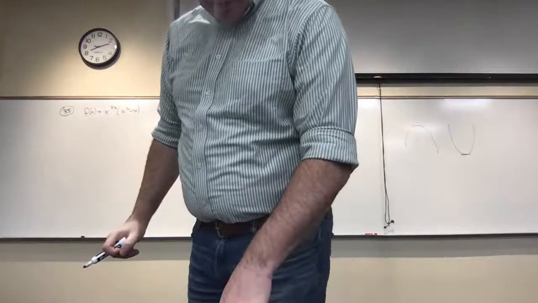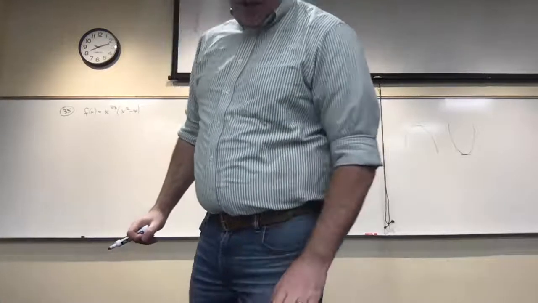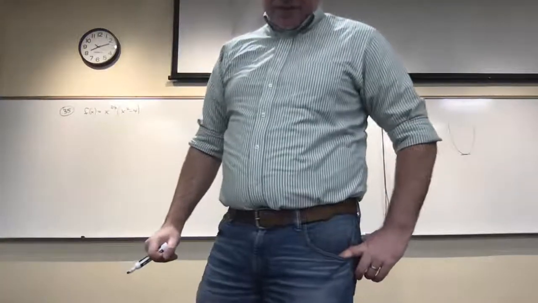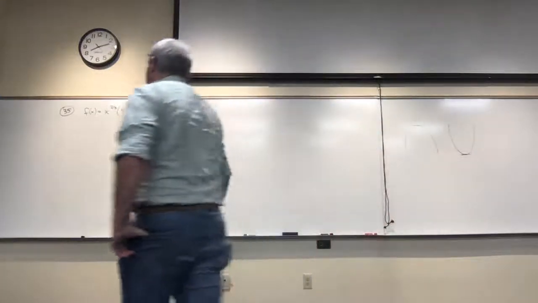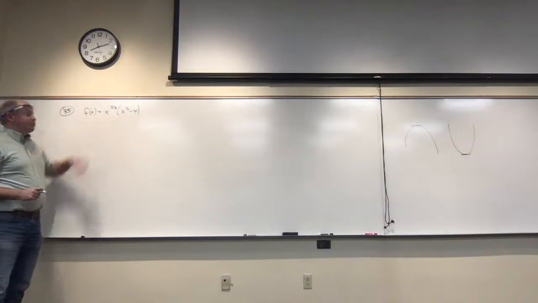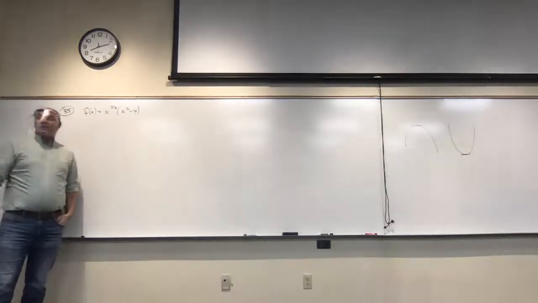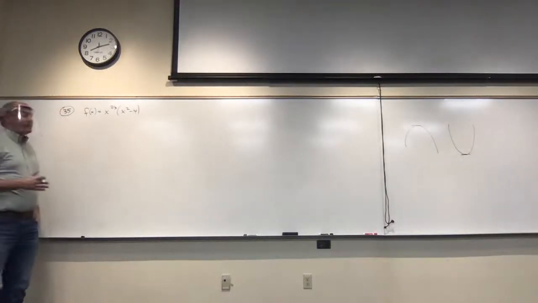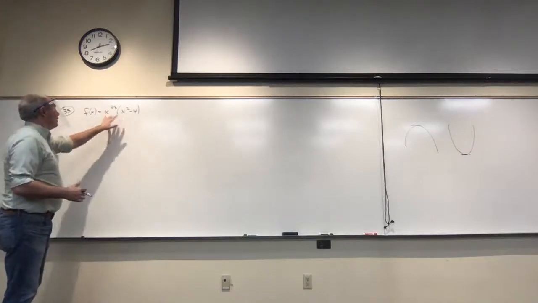Okay, so we want to find where f is increasing and decreasing. All right, so the first thing we need to do is find a derivative, set it equal to 0, solve for x if we can, and find the critical value.